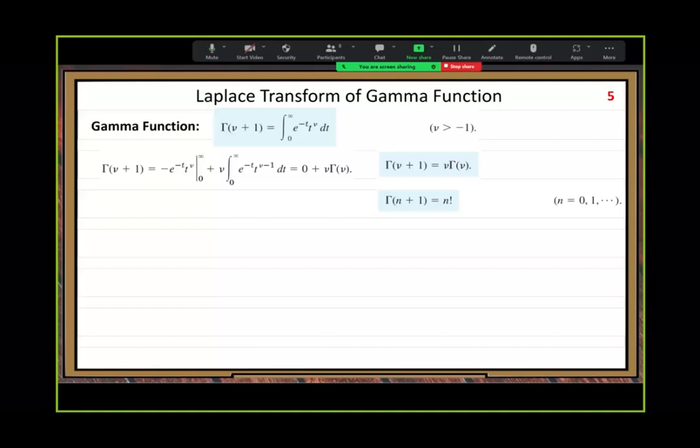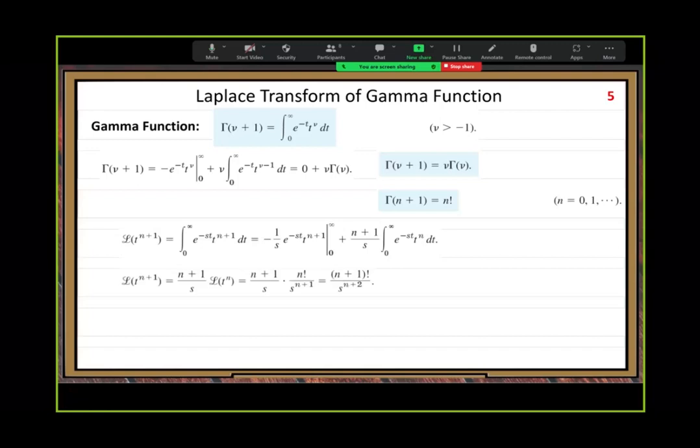But the question is, when nu is a non-integer, any real number, then if nu is greater than -1, we can define this gamma function. So you treat it as an extension of factorial. So then, the Laplace transform here.